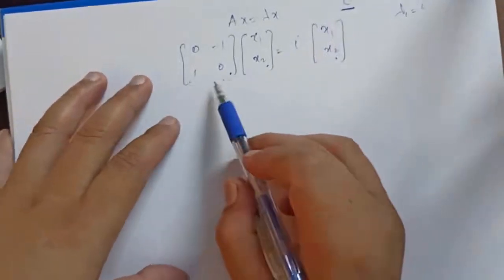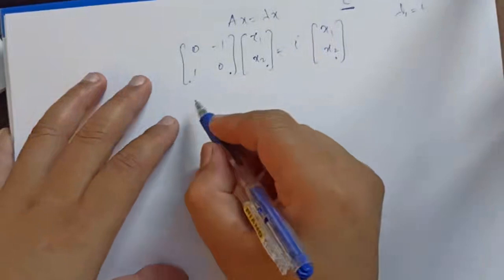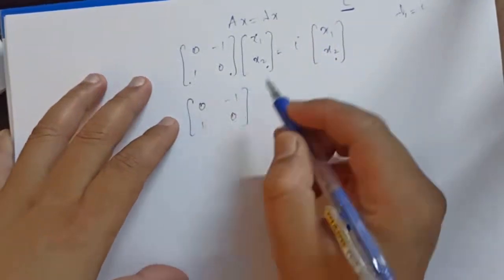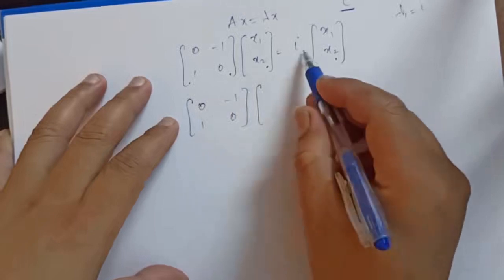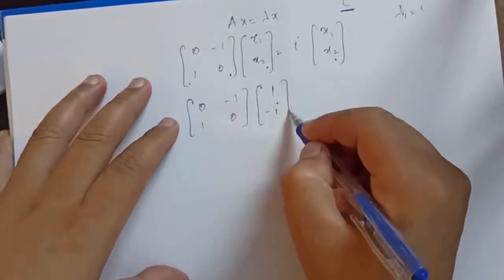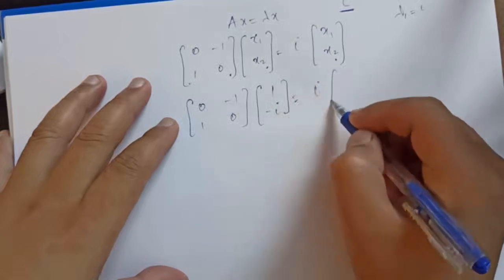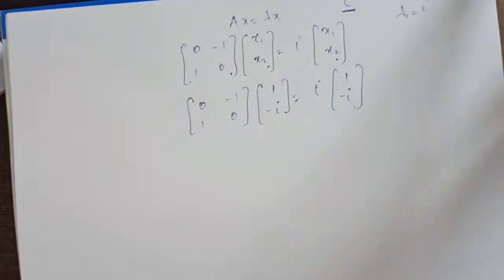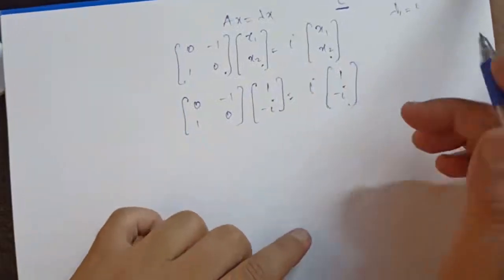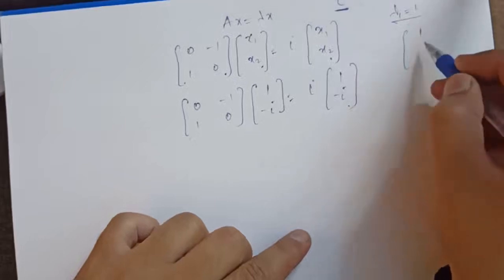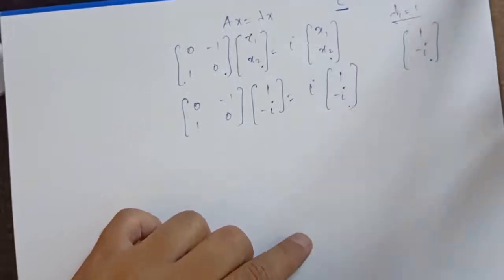This is quite a simple 2 by 2 matrix. We can easily see that for that to be true, one of the very simple scenarios in which the eigenvector corresponding to i is nothing but 1 and minus i, right? You will see here that i times 1 and minus i will yield the same thing. So the eigenvector corresponding to lambda 1 is 1 and minus i.